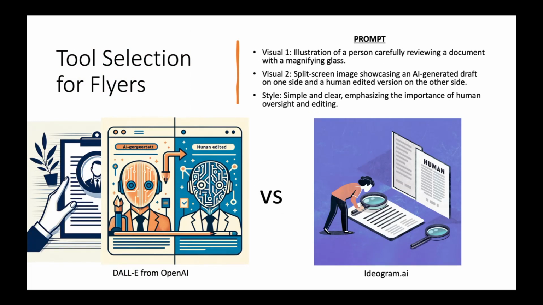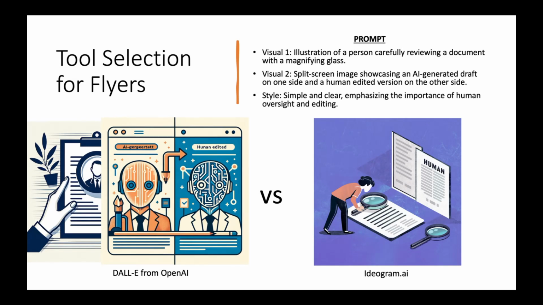On this screen, we have an example that touches on the last point I just made, which is which tools should you be using for your flyer design? The correct answer is you need to try as many as you can for the prompt that you have.